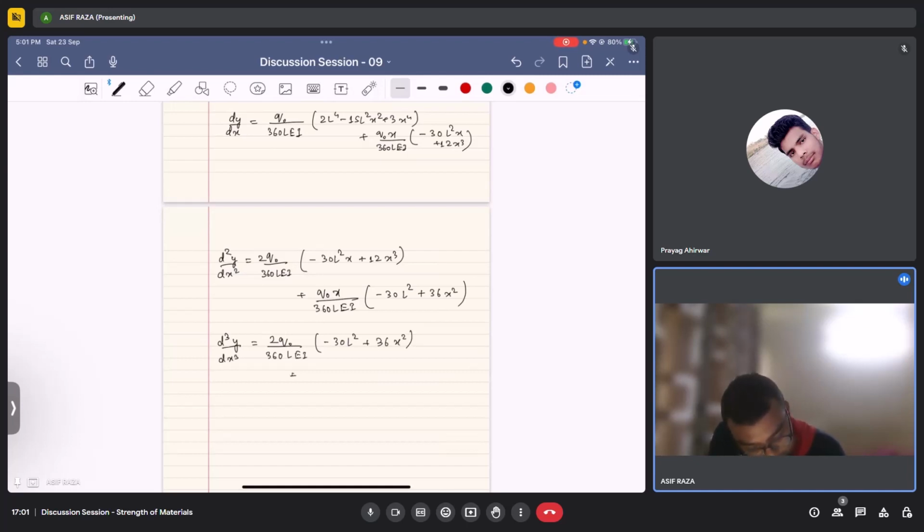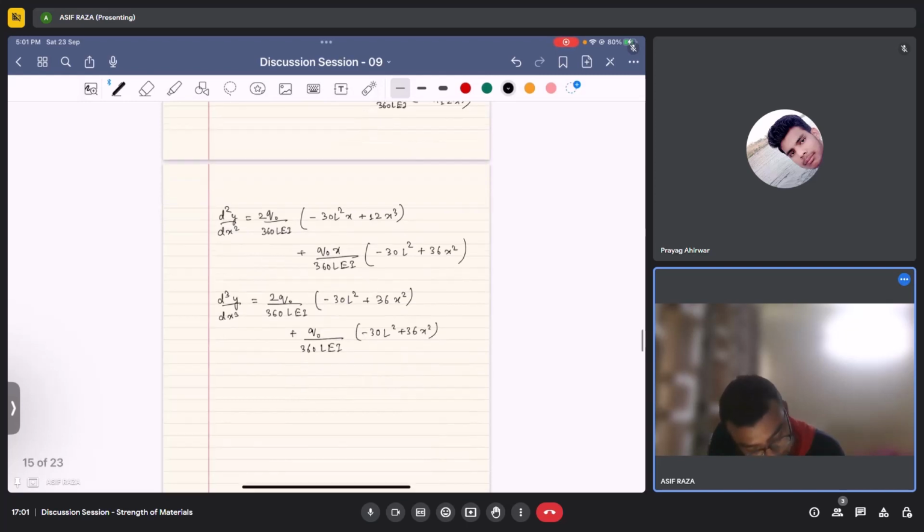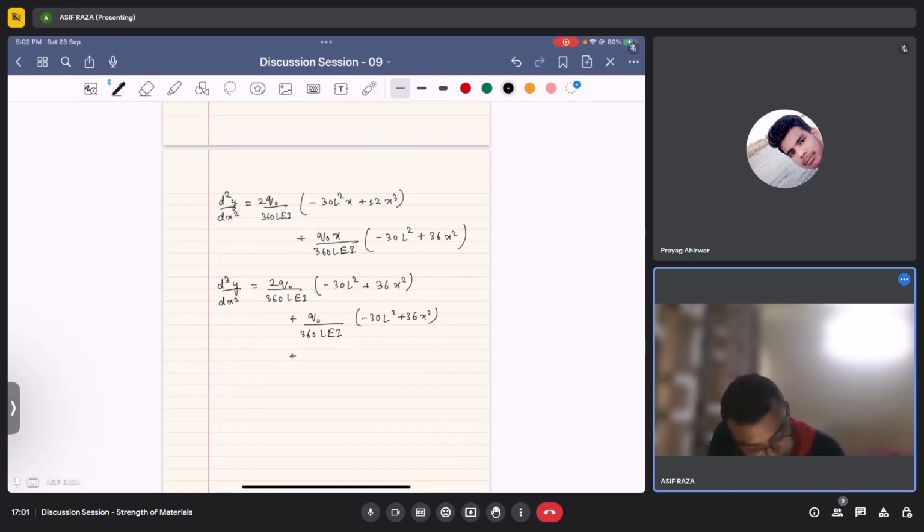And here let us take the derivative, Q naught by 360 LEI times (minus 30 L square plus 36 x square), plus this would remain as it is, 360 LEI and 72x.